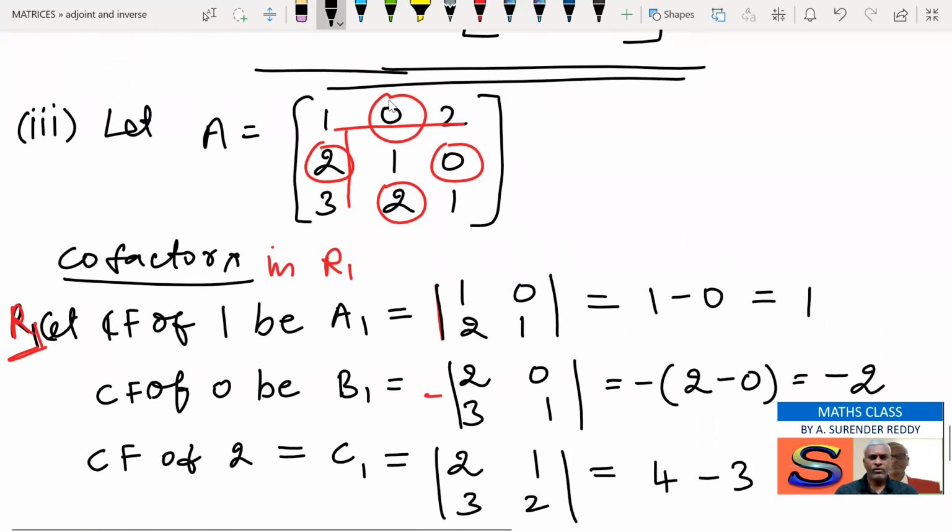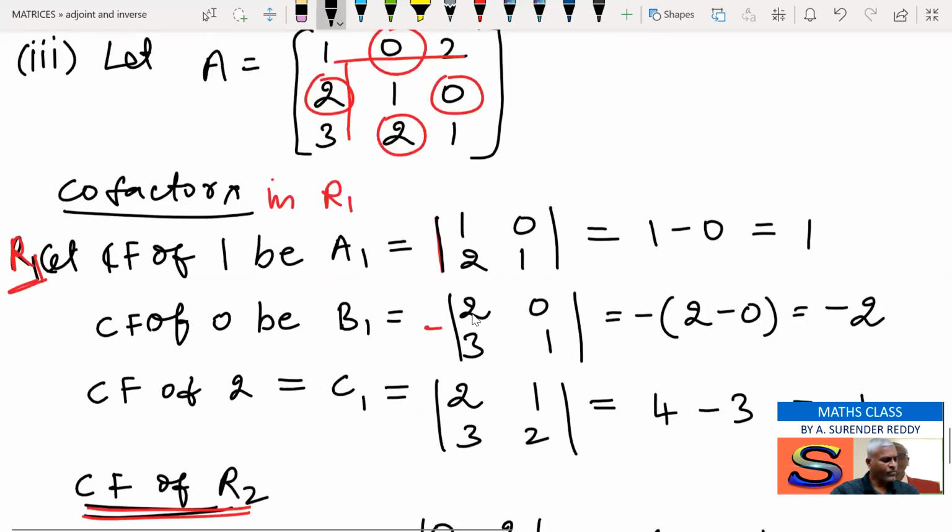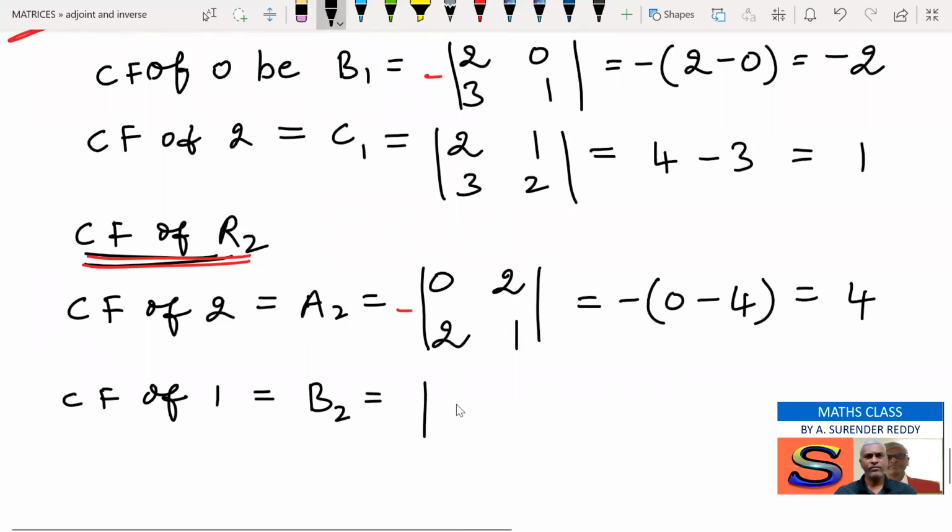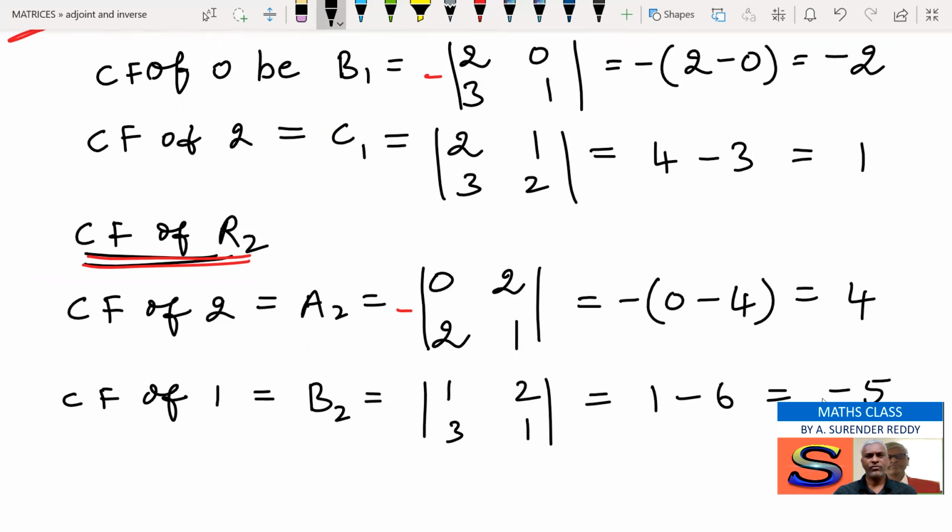Eliminating the row and column, the remaining 4 elements are 1 2, 3 1. So 1 into 1 minus 3 into 2, that is minus 5.